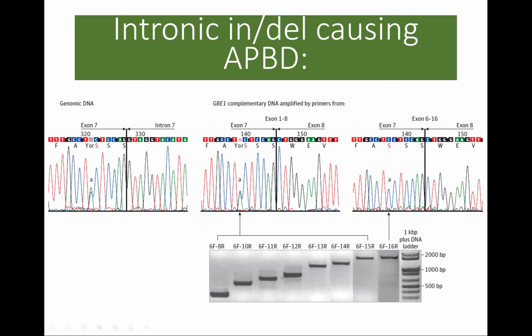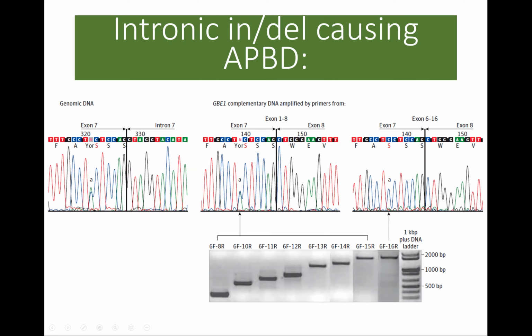But this green peak actually disappears in the messenger RNA, which shows that the patient does not use the gene from one of the parents that he or she inherited. Yet the gene that has been used is the mutated one.